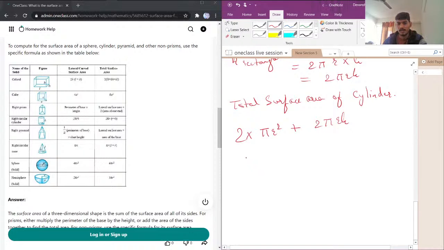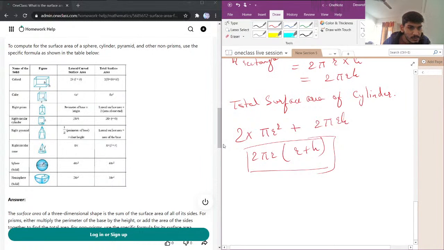We can take 2 pi r common, so we get 2 pi r (r plus h). So this is the formula for the total surface area of a cylinder. Here also we got the same formula.